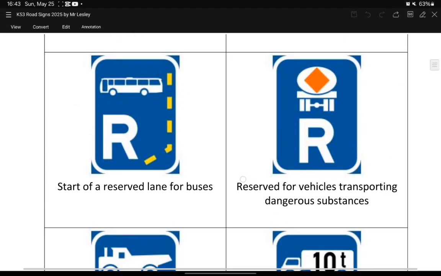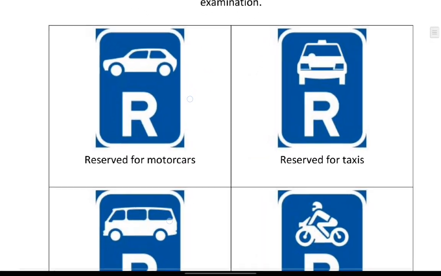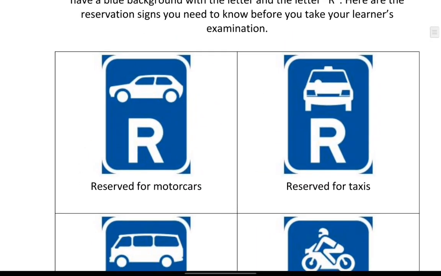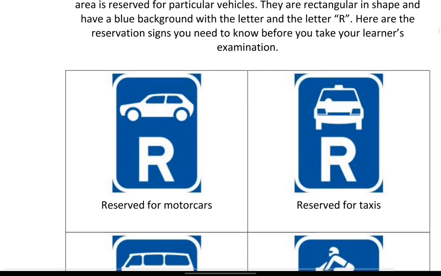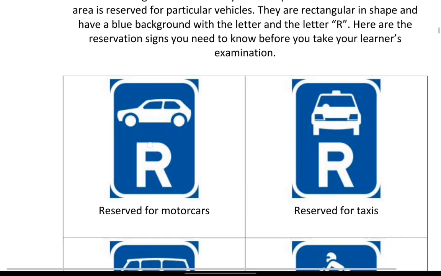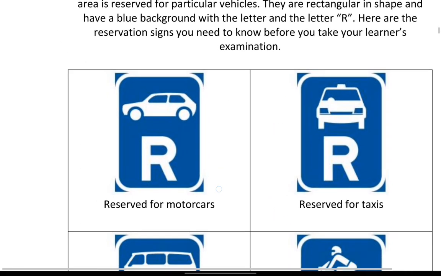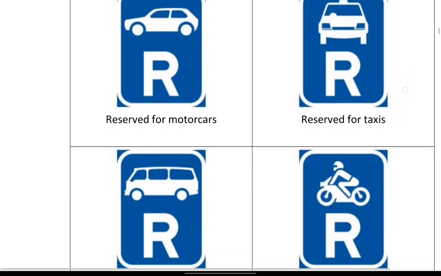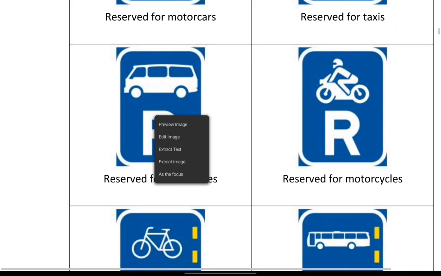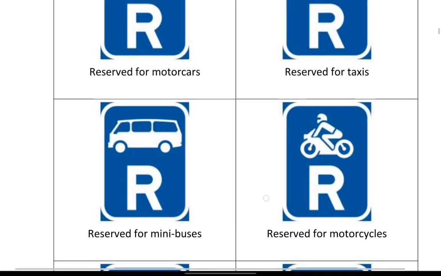So let's begin with the first sign. You see this R stands for reserved. These signs are blue and rectangular. You have this motor car, which shows us that this lane is reserved for motor cars. This one is reserved for taxis. It's quite simple. What you need to know is that this R stands for reserved.